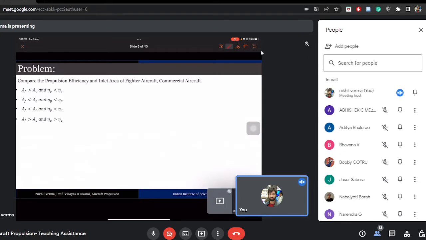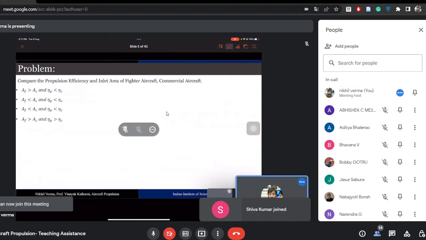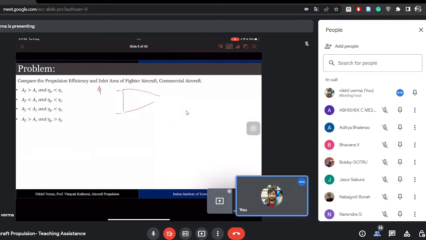I'll give you 2 minutes to think about this question. Here A represents the inlet area of the aircraft, and F represents the fighter jet, and C represents your commercial jet.